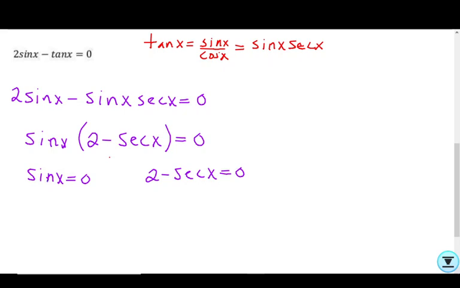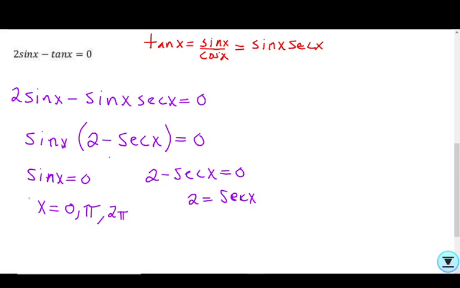So I'm looking where sine x is 0, or I'm looking for where secant is equal to 2. Okay? Now, sine x equal to 0, that's easy. That's at 0, pi, and 2 pi. Okay? From the unit circle.